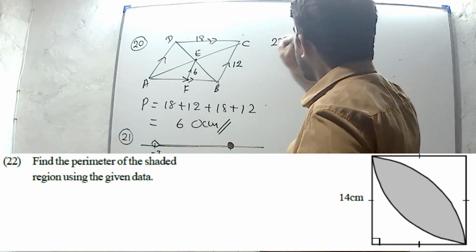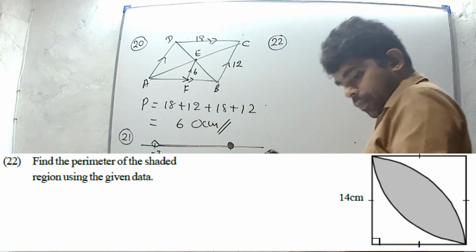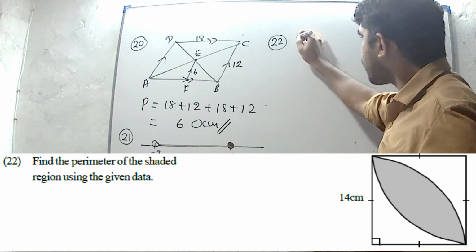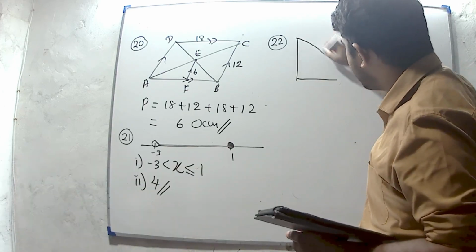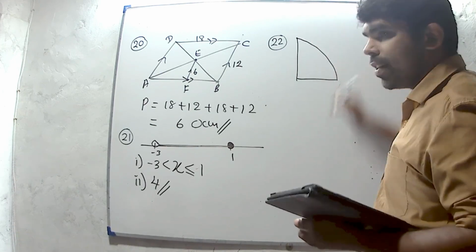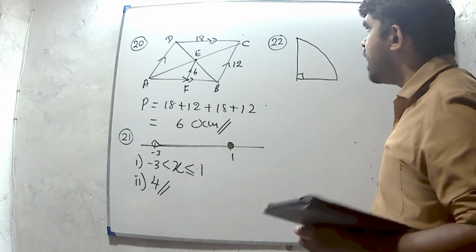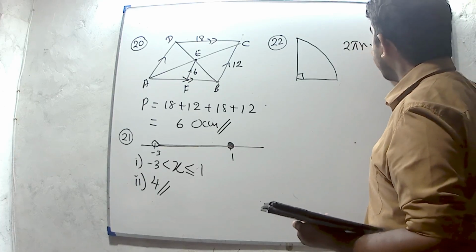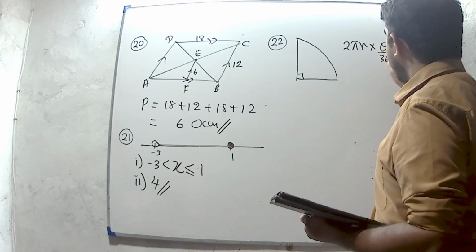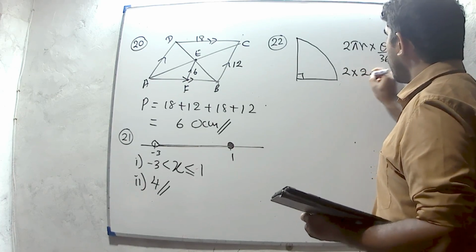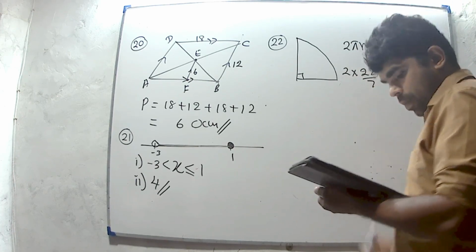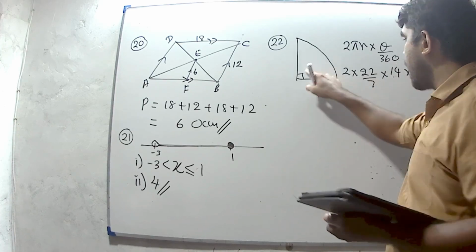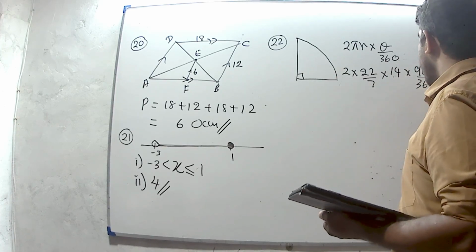Question 22. Find the perimeter of the shaded region using the given data. We can consider this arc length. The central angle is 90. Arc length is 2 pi r into theta over 360. 2 into 22 over 7 into radius 14, central angle 90, divided by 360.